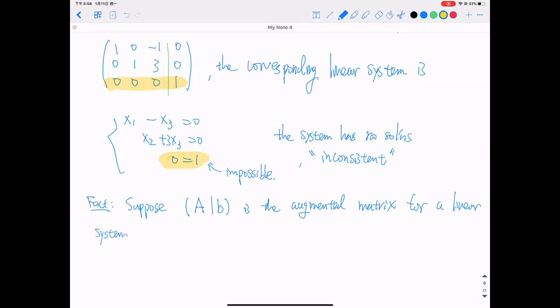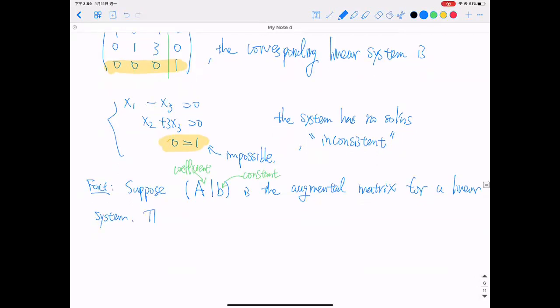This symbol is meant to describe A as the coefficient matrix and B as the constants. Suppose [A | B] is in reduced echelon form.